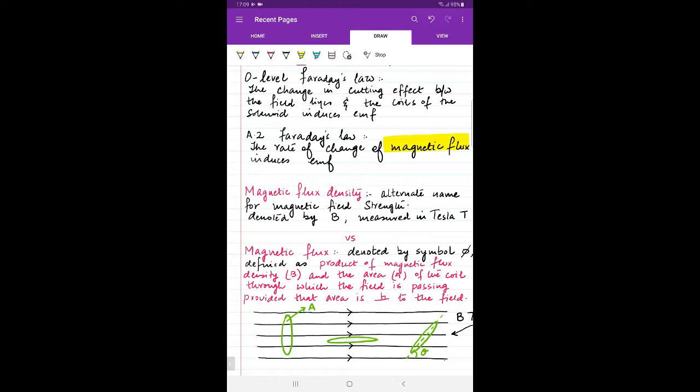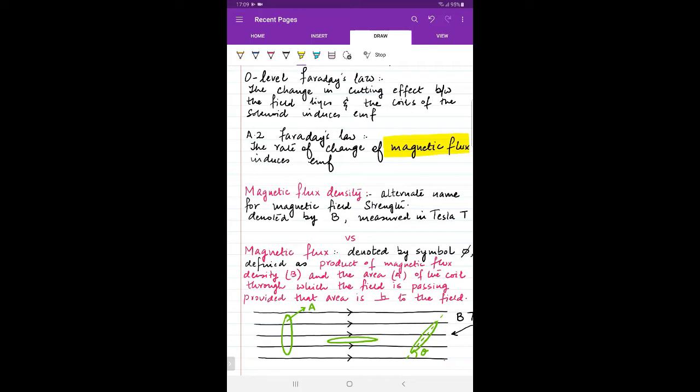So the term magnetic flux is what you called in O levels the change in cutting effect between the field lines and the coils of the solenoid. That term reduces to just a simple term, magnetic flux. And Faraday's law is now represented as: the rate of change of magnetic flux is responsible for inducing EMF in the circuit.